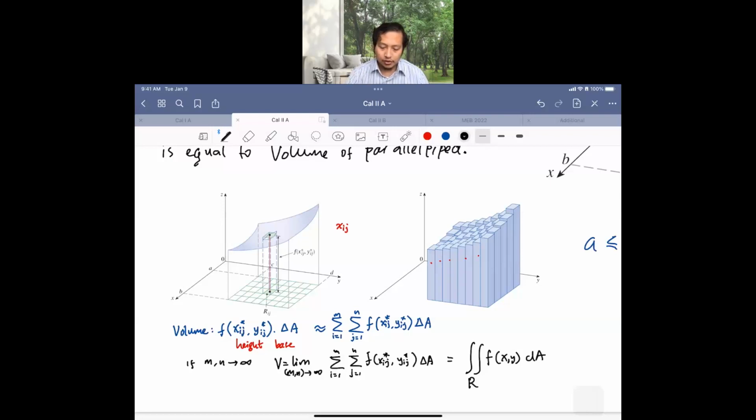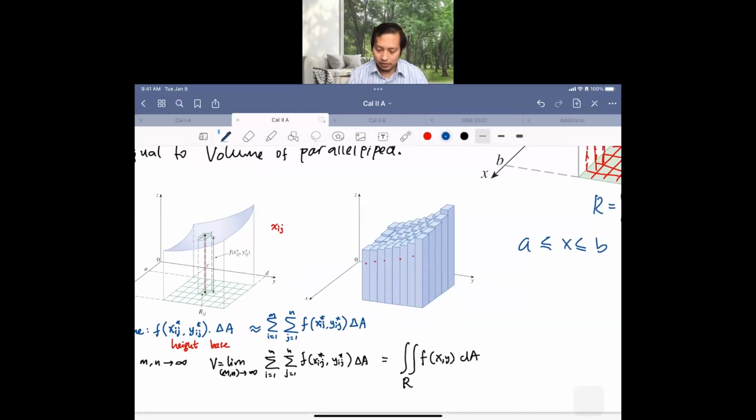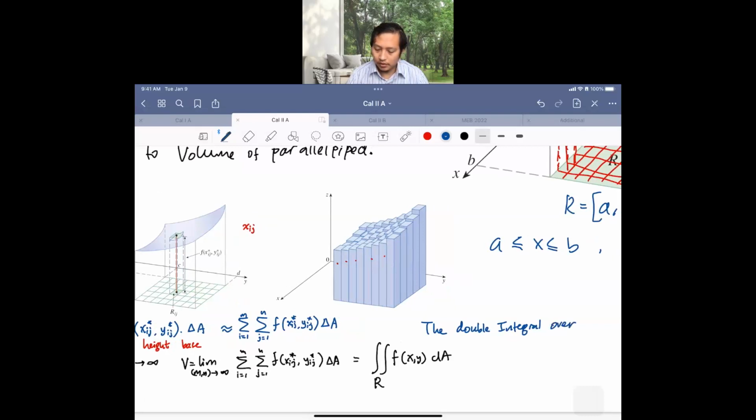So this we call the double integral over rectangle R.